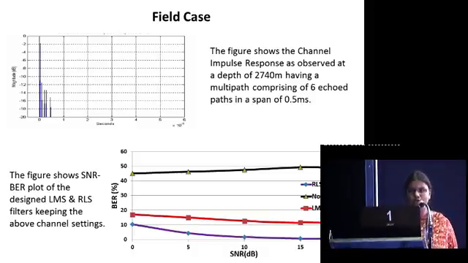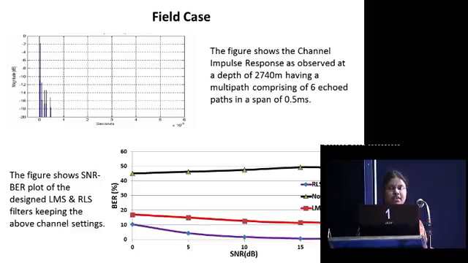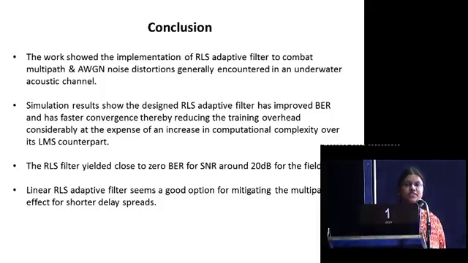So, I would like to conclude that this kind of adaptive filter will help us in fighting this multipath and AWGN noise distortions, which are generally introduced in acoustic signals. And not only that, we have seen in our simulations that it combats Doppler shift also to some extent.